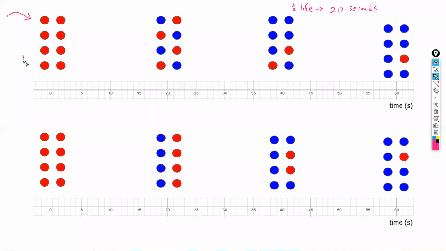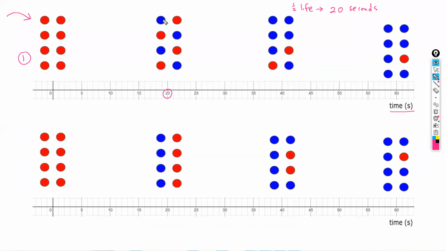We start with 8 radioactive atoms. 20 seconds have passed. Look, I have the time scale here. The x-axis is time. We started off with 8. Half of 8 is 4. But here's the thing. If you were standing over here, do you think you could predict which half will change? Look at it.